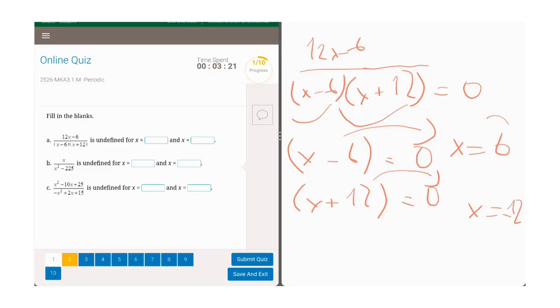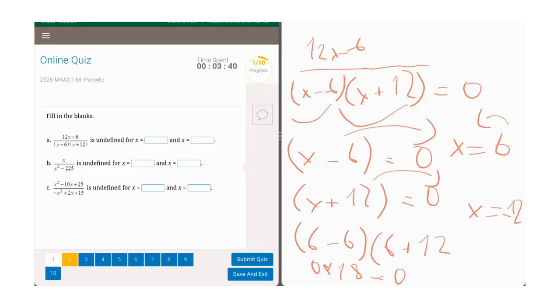If we substitute 6 in x, we'll have 6 minus 6 multiplied by 6 plus 12. So 0 multiplied by 18 will be equal to 0. So that means it will be undefined.